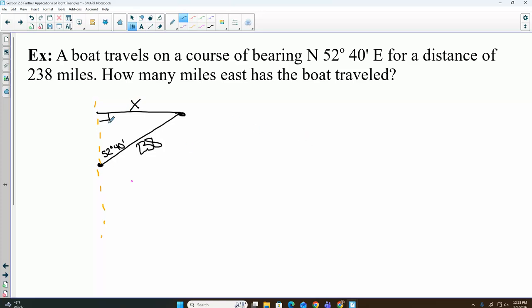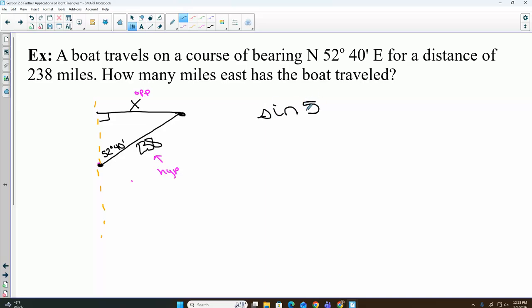Okay, so from here, this is my right angle. Across from that we know is the hypotenuse. The side not touching it is my opposite. So what trig function involves opposite and hypotenuse? Sine.